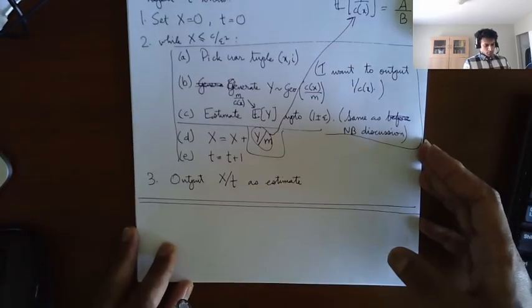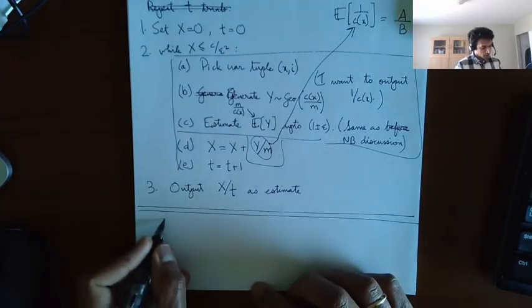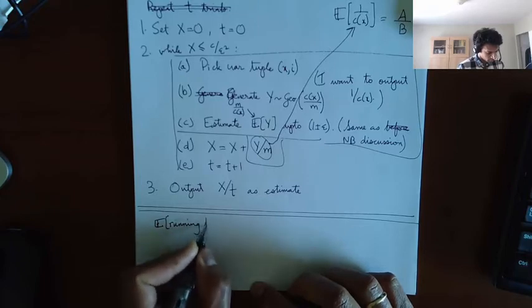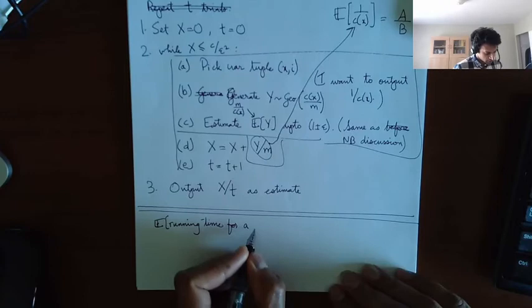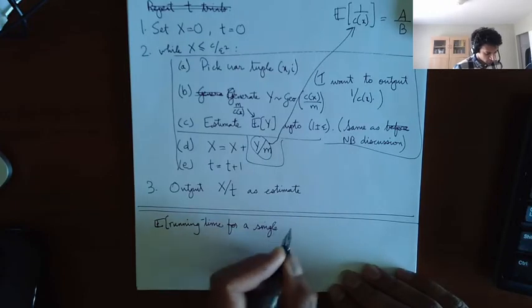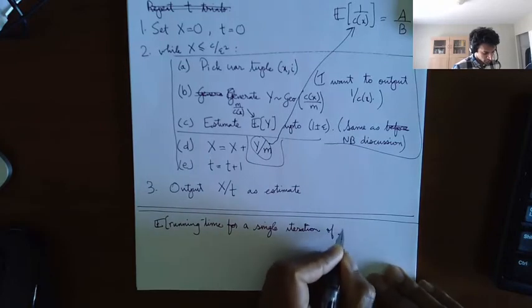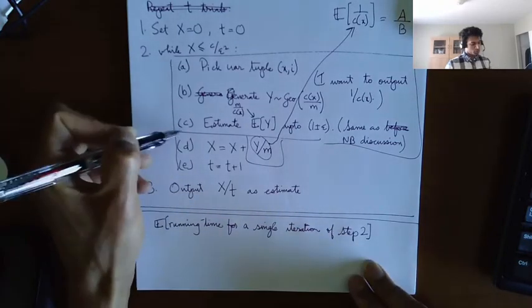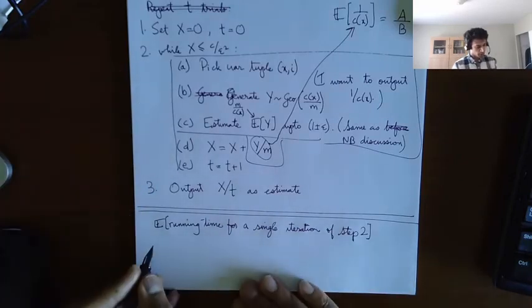Okay, so now let's look at this a little carefully. Let's first understand what is the expected running time for a single iteration of step 2. Just this. What is the expected running time? So what's this going to be?